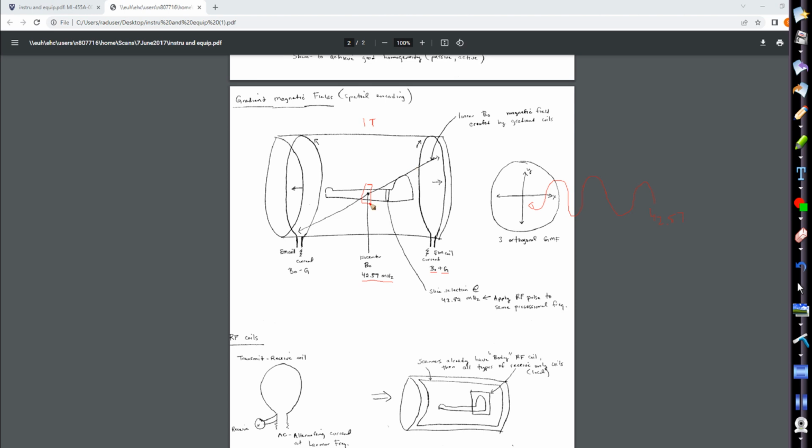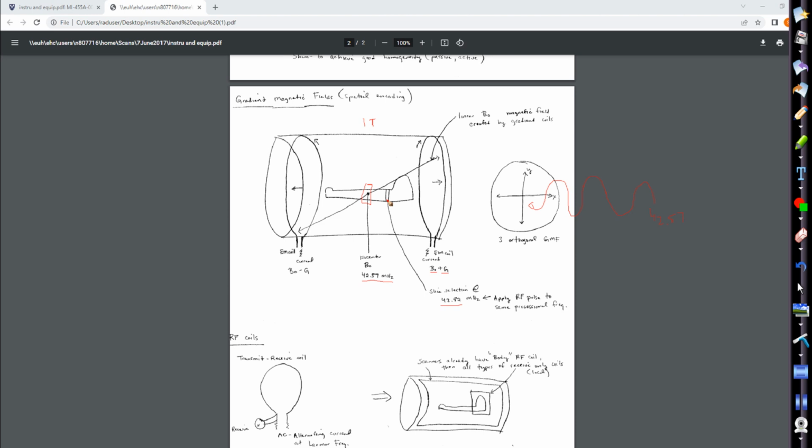But we aren't trying to excite in the abdomen. We're trying to excite over here in the neck. So now we tune our transmit coil so it applies slightly off, at the Larmor frequency of 43.82. When we do that, all those little hydrogen spins in this area get excited.